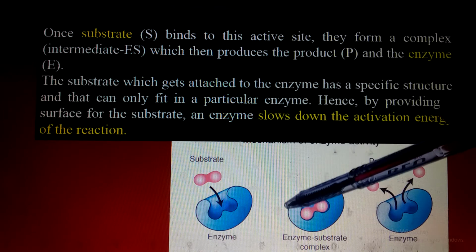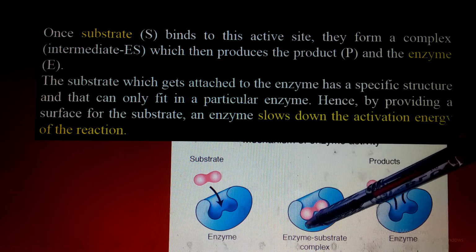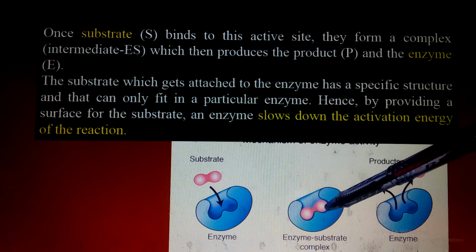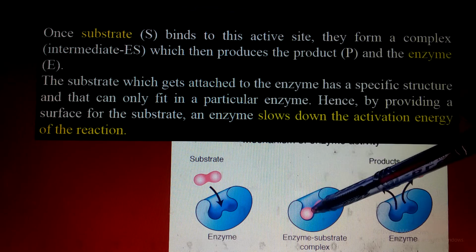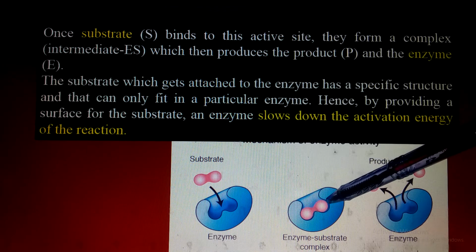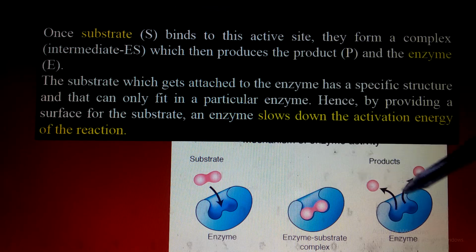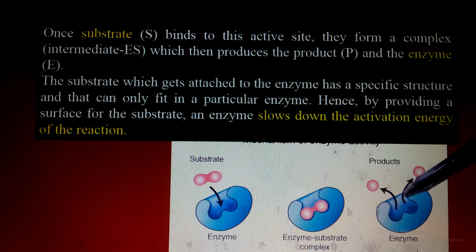In the transition state or the intermediate stage, the enzyme and substrate complex forms. Then the enzyme lowers down the activation energy and converts the substrate into the product. And at the end, when the product forms, the enzyme separates from the chemical reaction unaltered or unchanged. Is it clear? Okay.